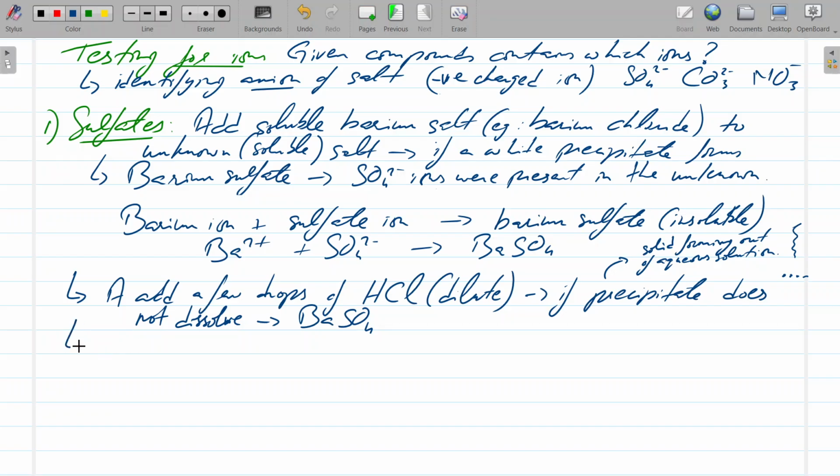If on the addition of dilute hydrochloric acid the precipitate dissolves, then it's not sulfate.